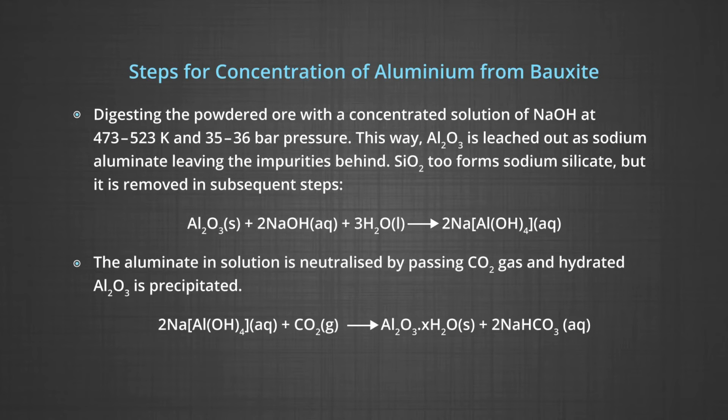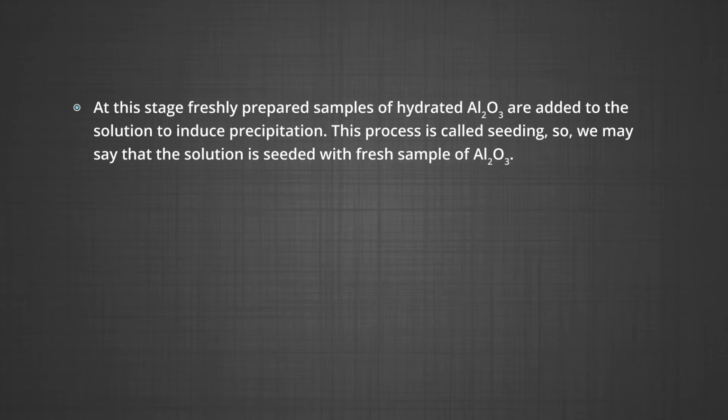In the second step, the aluminate in the solution is neutralized by passing carbon dioxide gas and hydrated alumina is precipitated. At this stage, freshly prepared samples of hydrated alumina are added to the solution to induce precipitation.